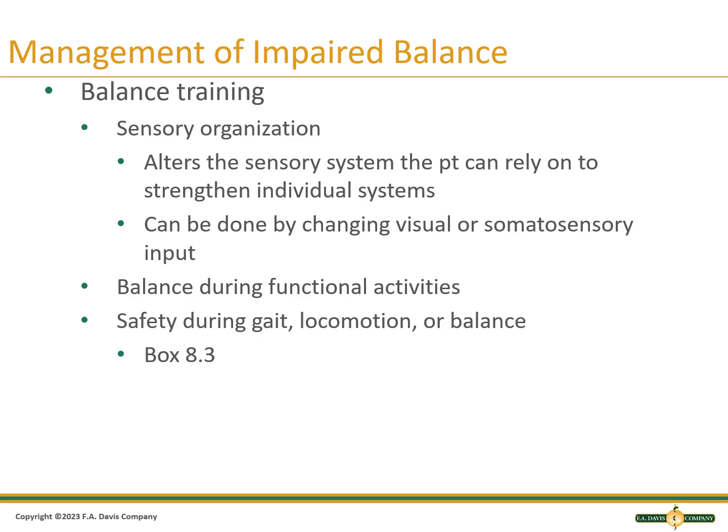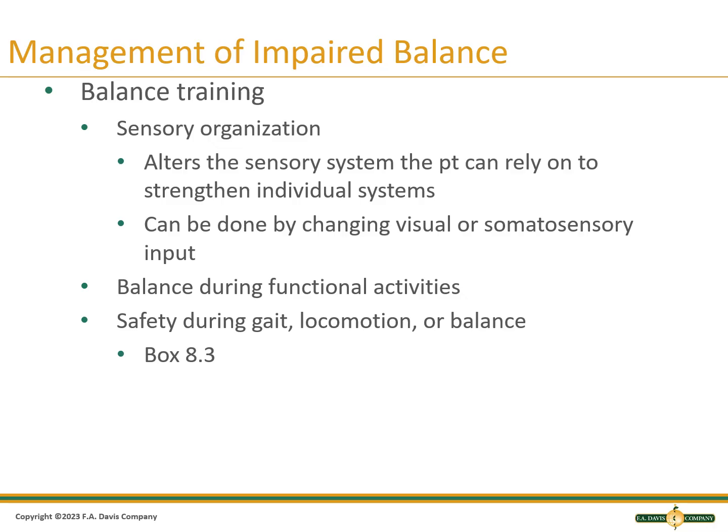We can also target balance training by focusing not on the state of balance, but rather the integration of information needed to maintain balance. So we can do this by replicating a lot of the conditions that are seen in the CTSIB, because those conditions alter the sensory information that the patient can rely on in order to strengthen the ones that they have left to use. So for example, if we're doing balance training with a patient's eyes closed, we're enhancing their vestibular and somatosensory systems.